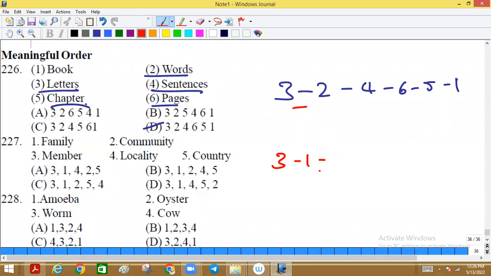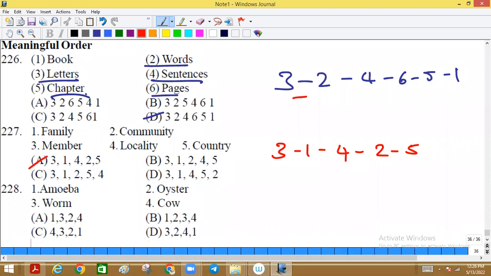Family in a locality or a community. Locality, okay? The entire community lives in one locality. So first member, then family, then locality, then followed by community, then all communities are present in one country. So 31425, option is the answer.